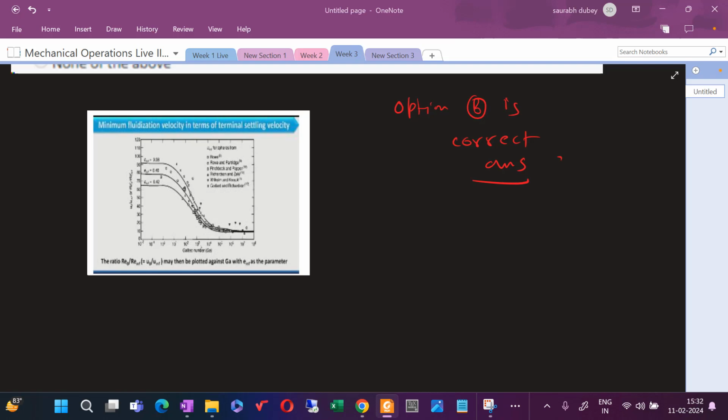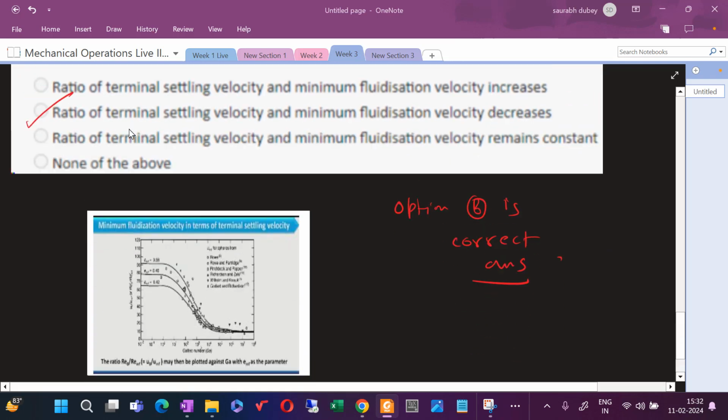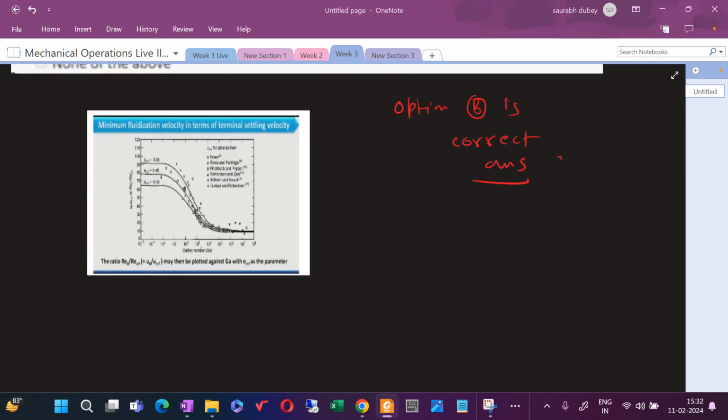Obviously, this has been determined experimentally, but the Galileo number explains it: we obtain the ratio of the Reynolds numbers at the minimum fluidization condition and the terminal falling condition, plot this ratio over the graph, and through this graph, based on the Galileo number, the ratio can be predicted for a given void at minimum fluidization. So option B is the correct answer for the given question.